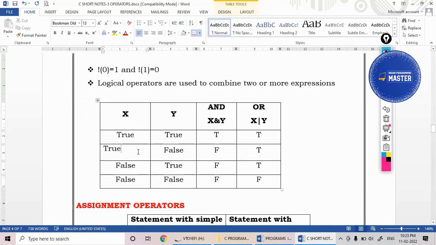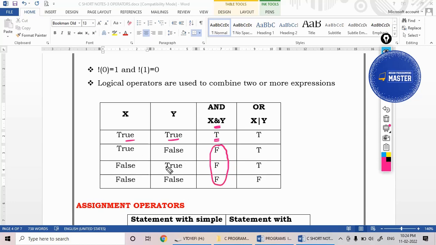If you see this table, when I perform this logical AND operation, if both expressions x and y are true, then the result is true. In the remaining cases, it is false.